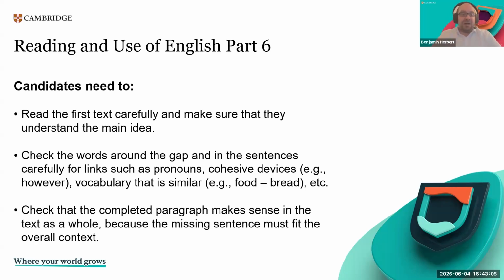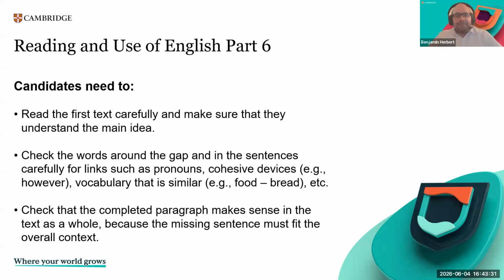And of course, they should make sure that the completed paragraphs make sense in the text as a whole, because obviously that missing sentence needs to fit the overall context of the text. So that's why having that general overview of the text is important.